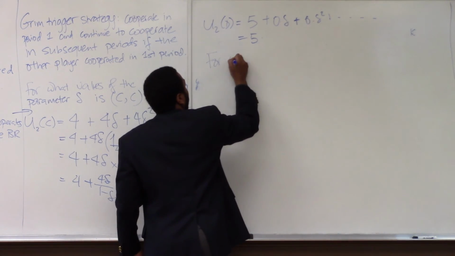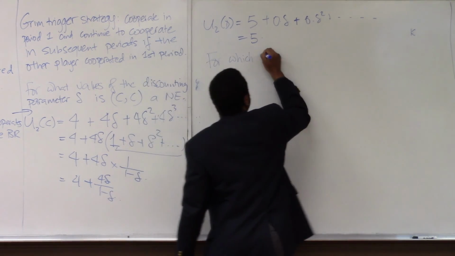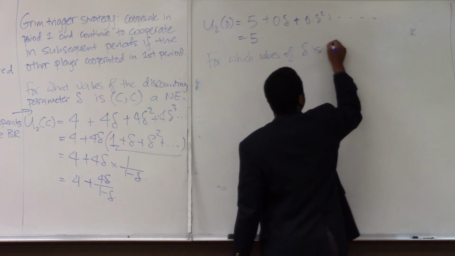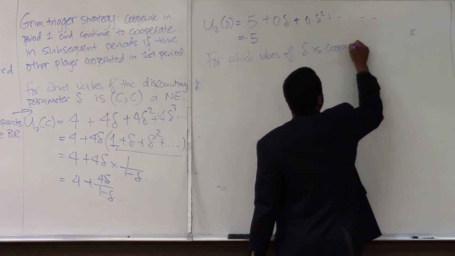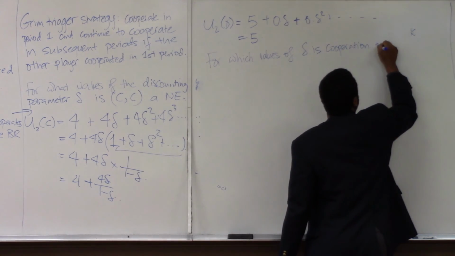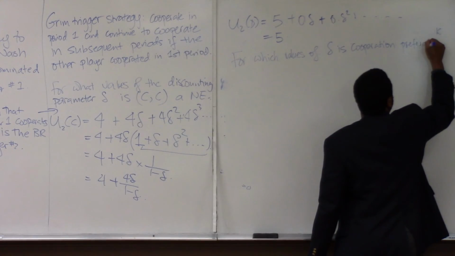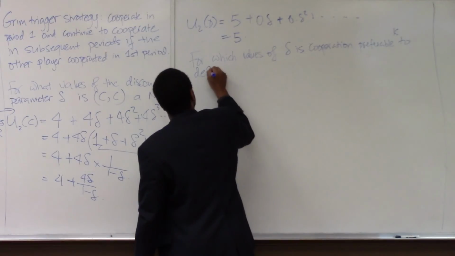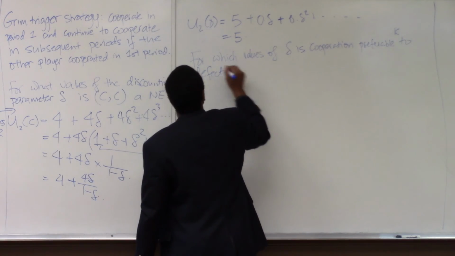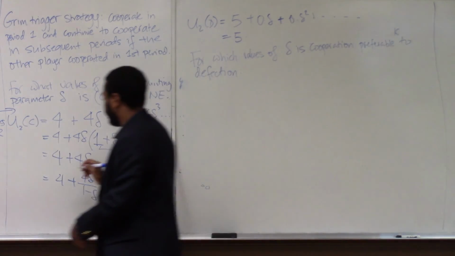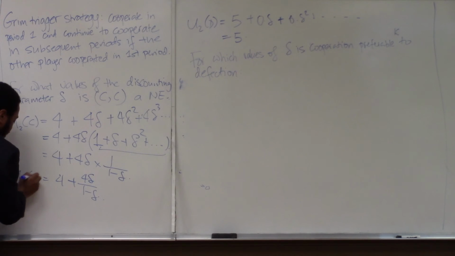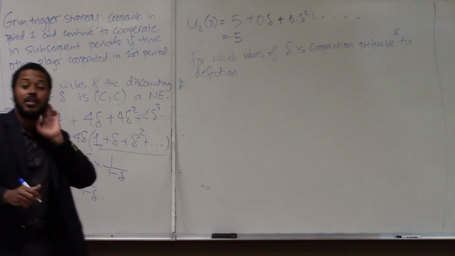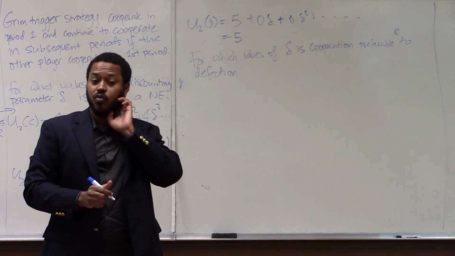For which values of delta is cooperation preferable to defection? We know what the utility of cooperation is, and we know what the utility of defection is. So how can we compare these two to figure out when it is best to cooperate? Do you put them equal to each other and then solve for delta?